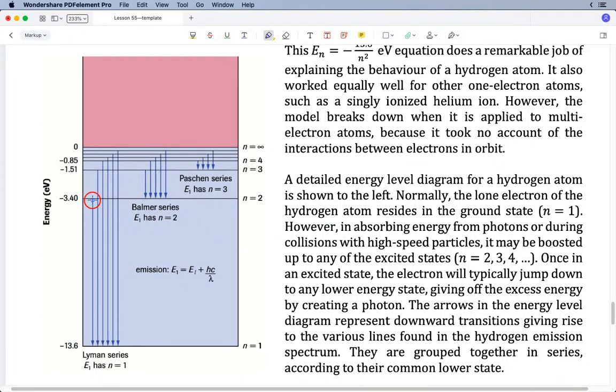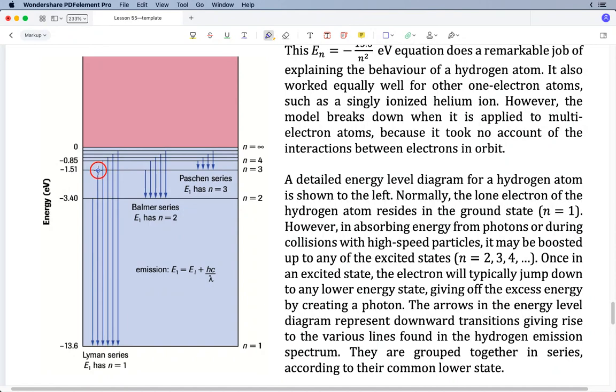So for example, if our electron was in the second orbit and then it jumped down to the first orbit, it would lose an amount of energy that's equal to the difference in energies here. The difference in energies between the second orbit and the first one. If instead it was in the third orbit and it jumped down to the first, then it would lose an amount of energy equal to the difference between the energy of the third orbit and the first orbit.